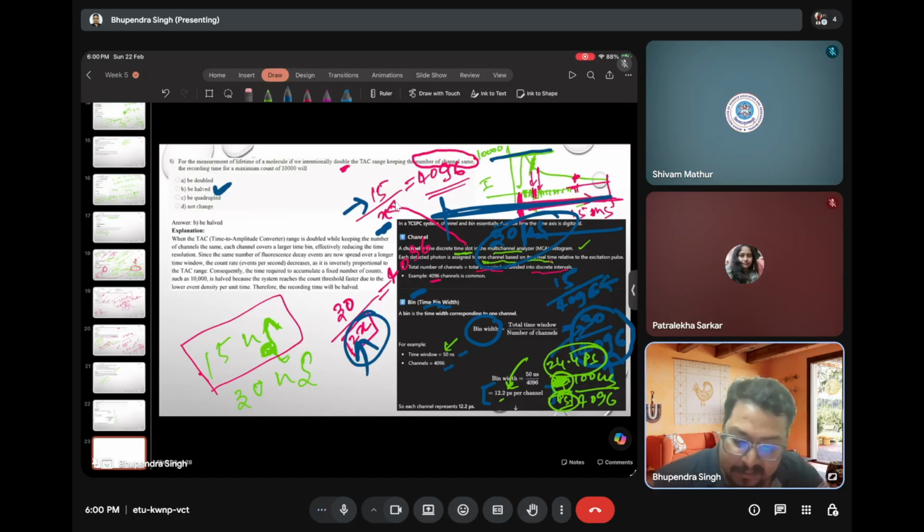The recording time, no, the recording time for the maximum count will be halved, not the lifetime, sorry. So the recording time for the maximum count of 10,000 will be halved.